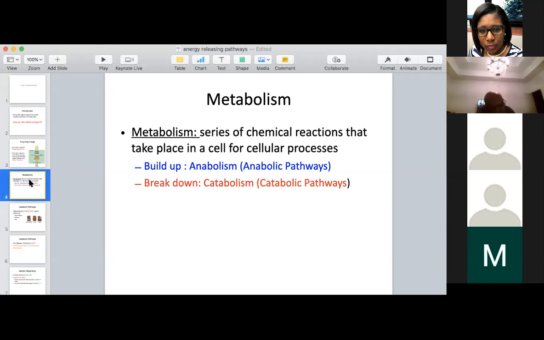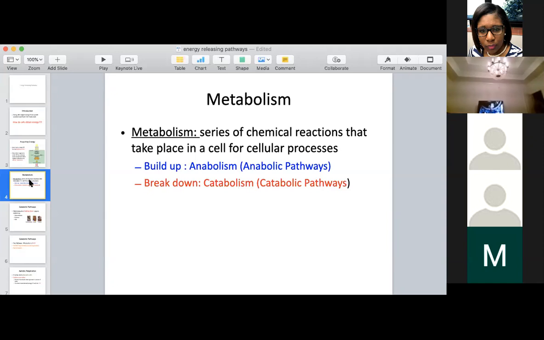Anabolism refers to those chemical reactions that synthesize or make or build up new molecules. Those are anabolic processes. Anabolism: chemical reactions that synthesize or build up or make new products. That's a type of metabolism.